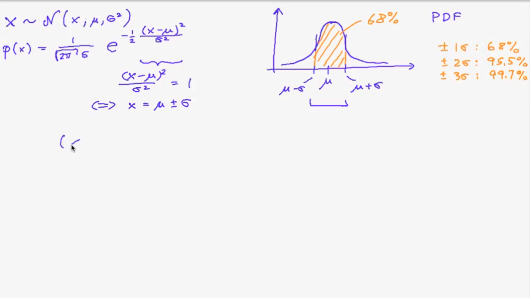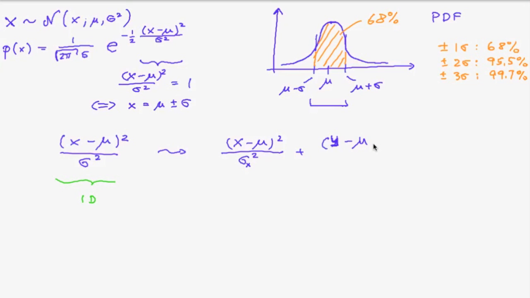And now if we generalize this, which is in 1D, to 2 dimensions, we will have the following. Now we denote this as (x minus mu x) squared divided by sigma x squared plus (y minus mu y) squared divided by sigma y squared.